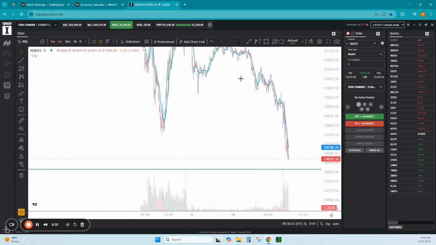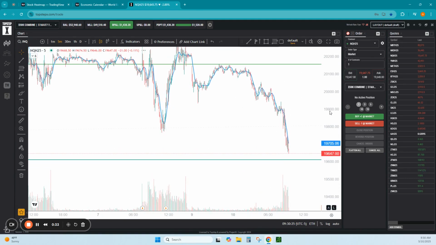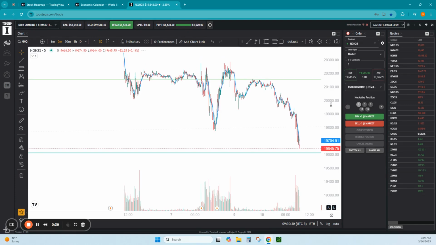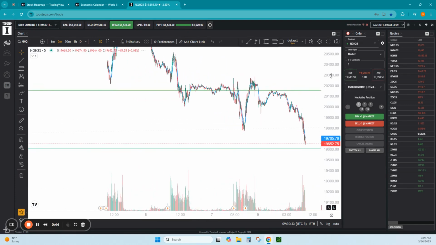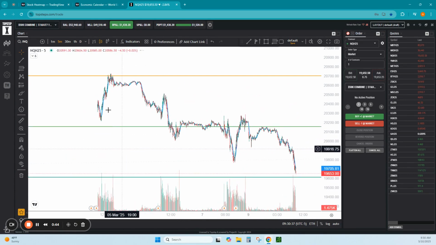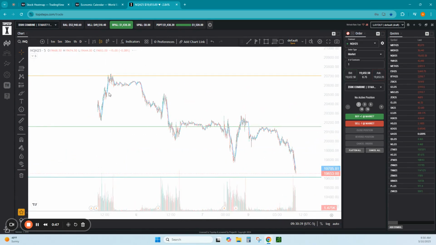This is NQ. Computer's being a little slow. We have a market that is now in bear market territory. Slowly getting to the daily chart here. My computer's being slow.